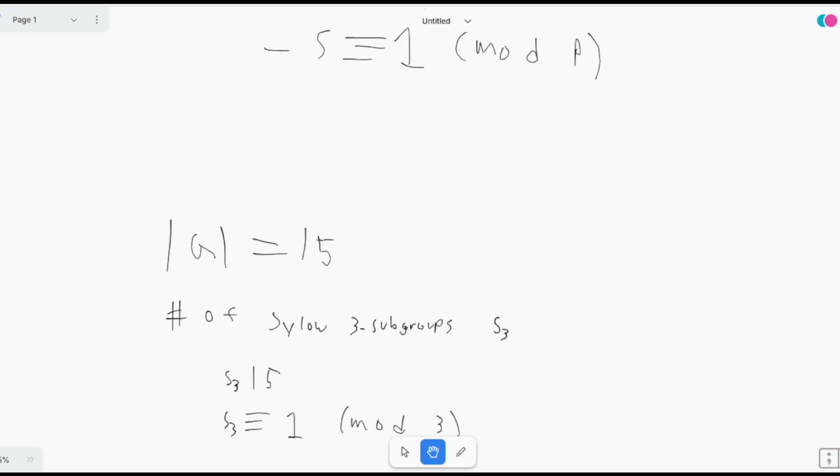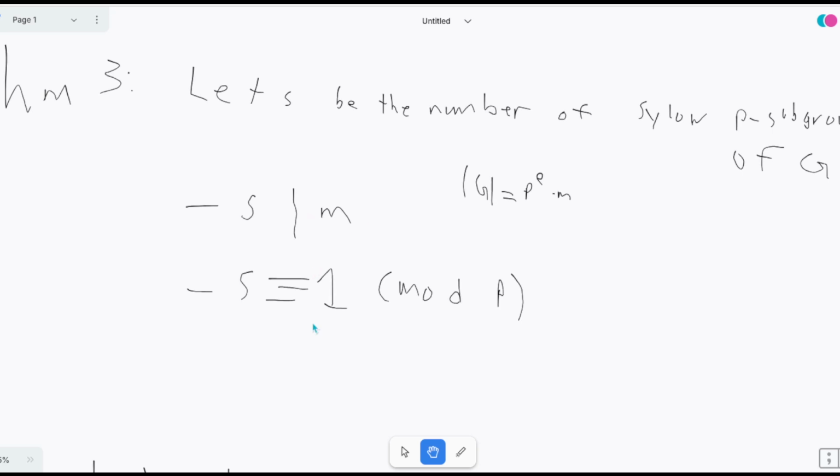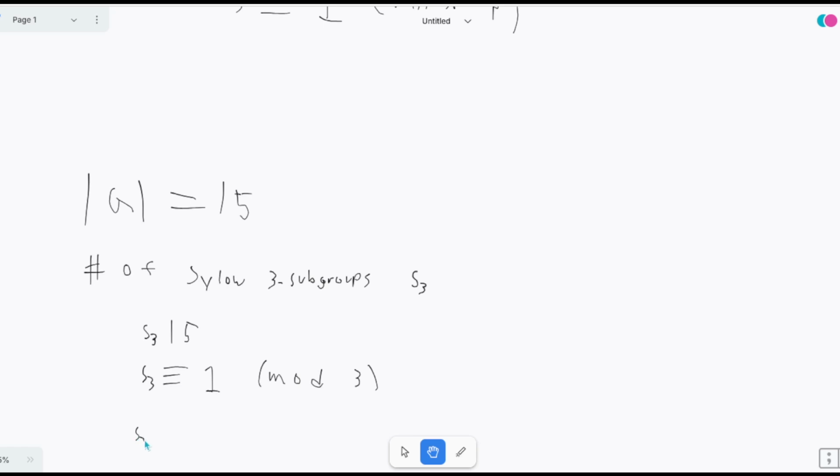Now recall that we're saying the order of G equals p^e times m. So the m here is the leftover after we take the power of p out of the order of G. So this is what the third Sylow theorem tells us, and obviously this means that S3 equals 1, because 5 itself is not equal to 1 mod 3, so it has to be 1.